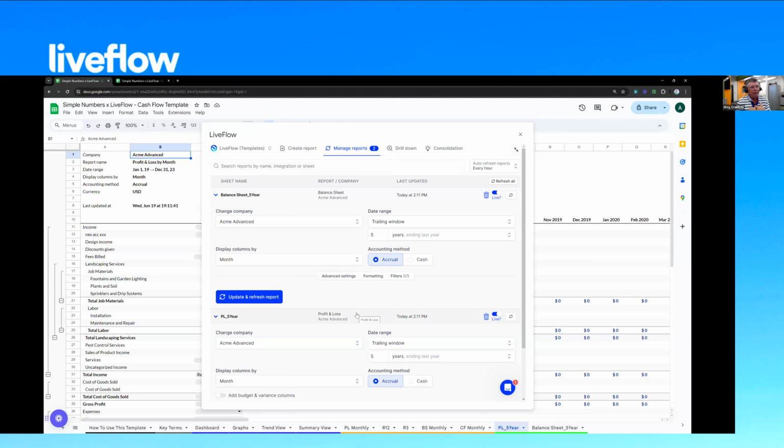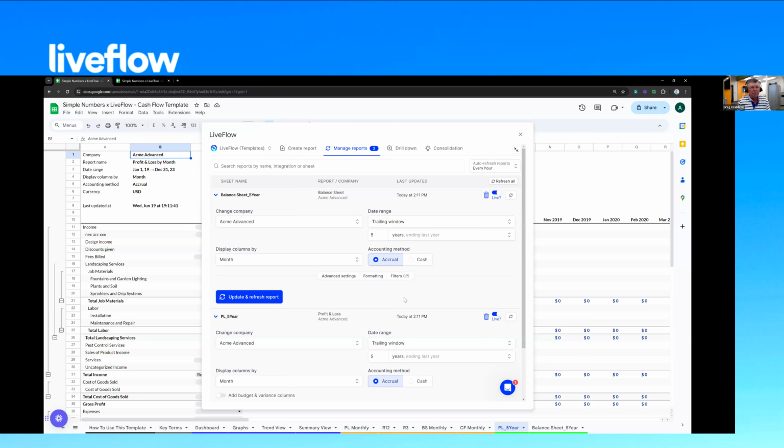So I will just give you that warning. If you produce Simple Numbers reports using the cash basis tab out of QuickBooks data, do it with caution, because we believe in starting with accrual data. We believe everybody should manage their business from an accrual basis.